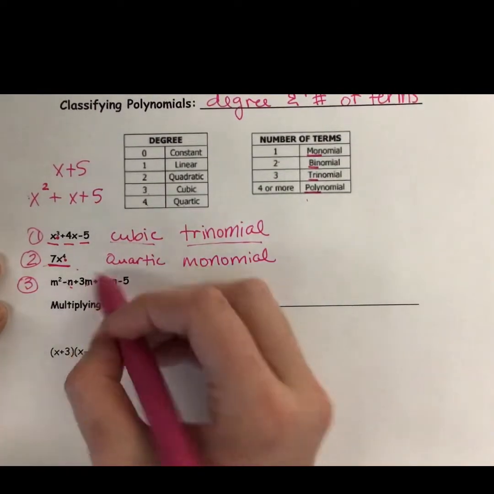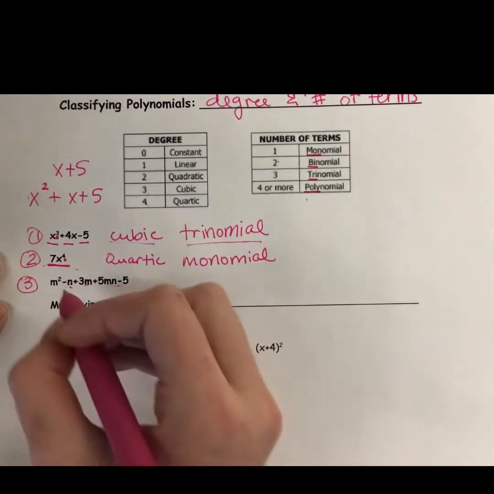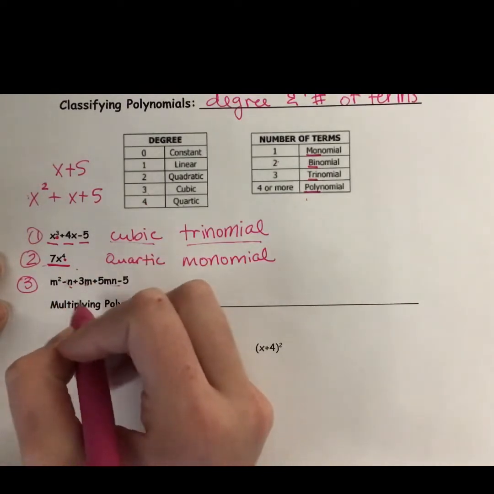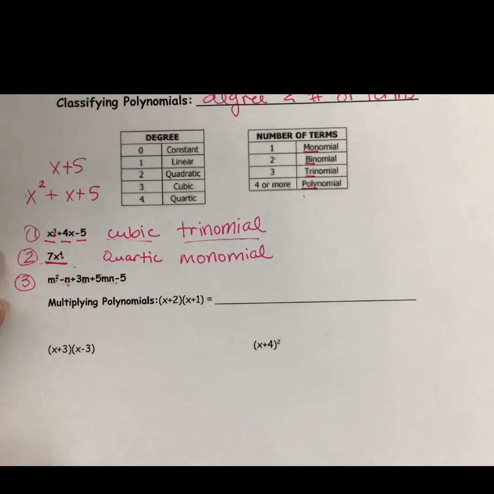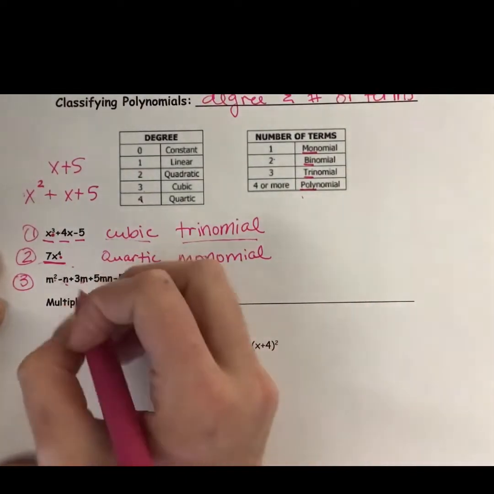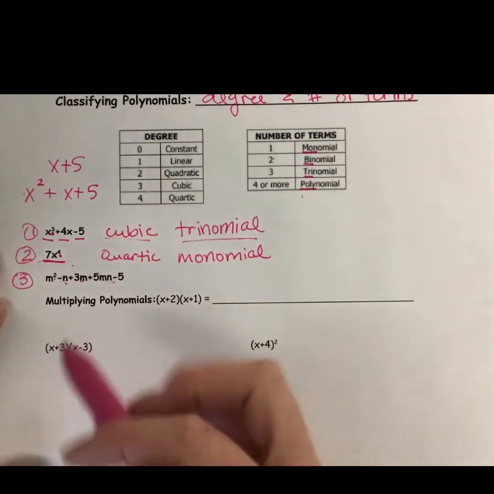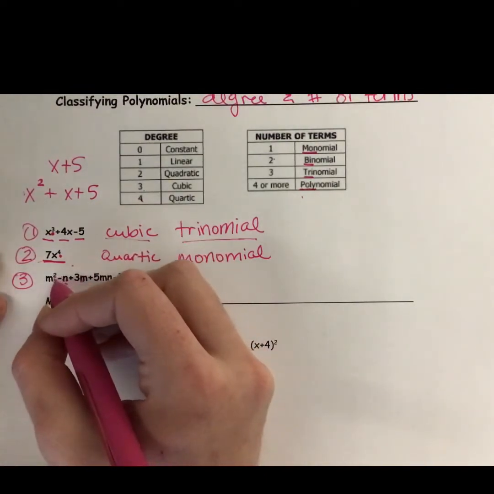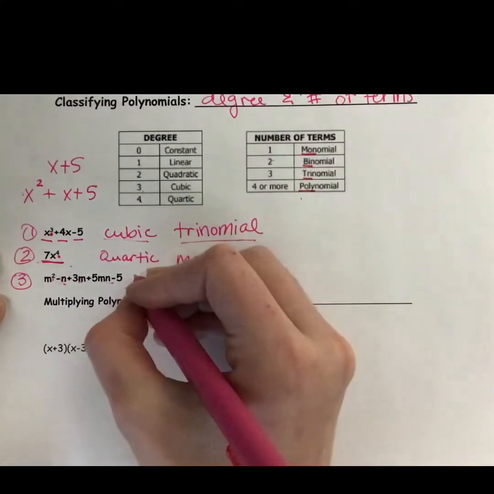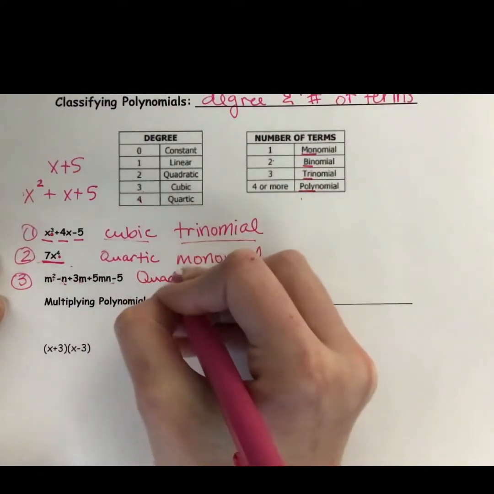However, in this case, we don't need to worry about that. We need to see what has the highest exponent, which is actually this m here. There is no n that has a higher exponent, and there's no other variables in this expression. So we know that our highest exponent is a 2. We said when we have a 2, that's a quadratic.